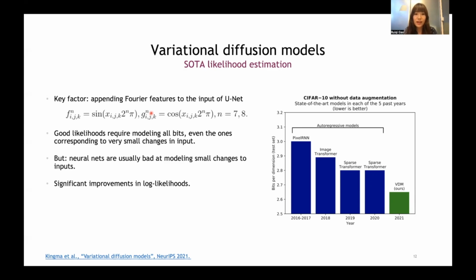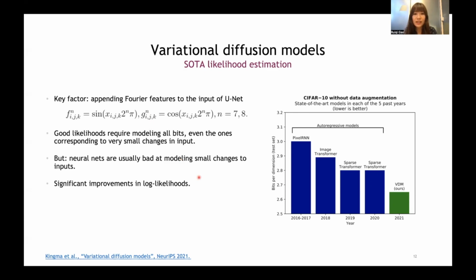However, neural networks are usually bad at modeling small changes to the inputs. So adding those Fourier features, especially the high frequency components, can potentially help the network to identify those small details.